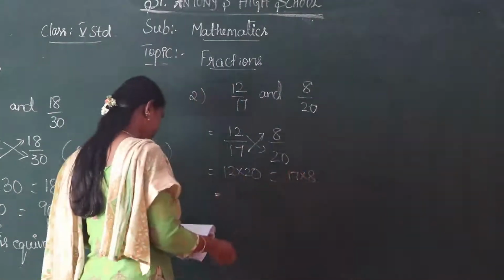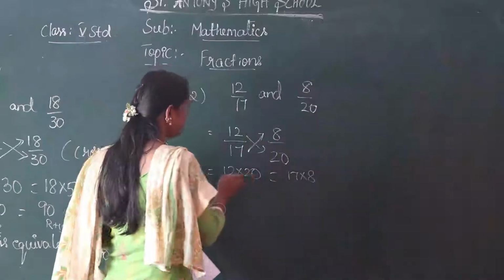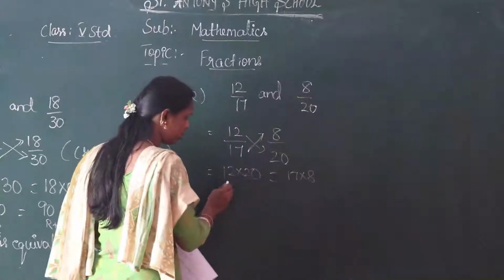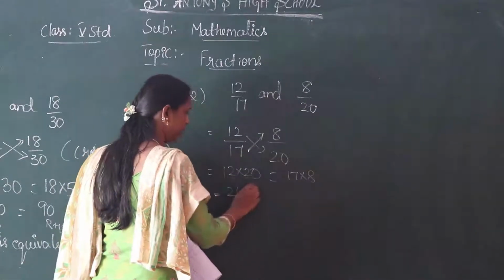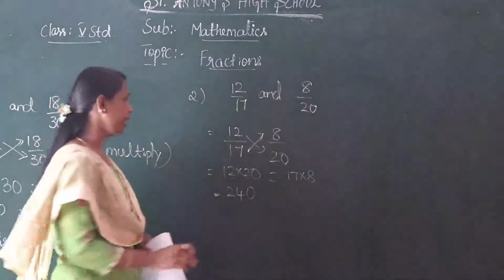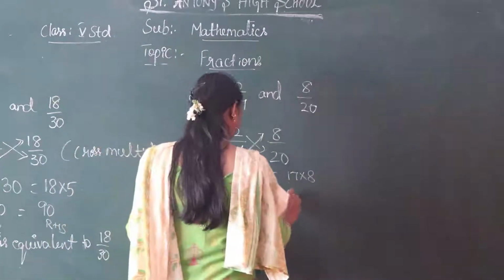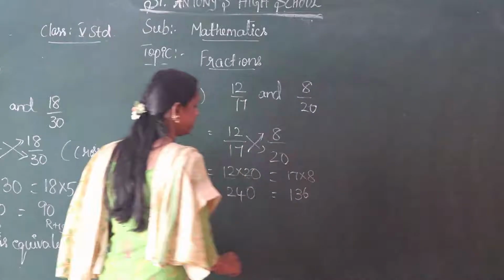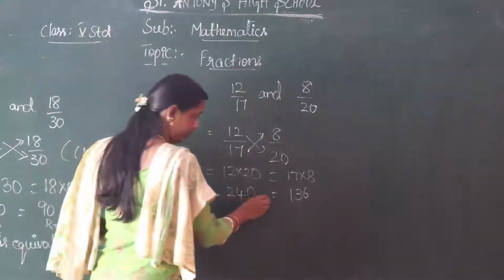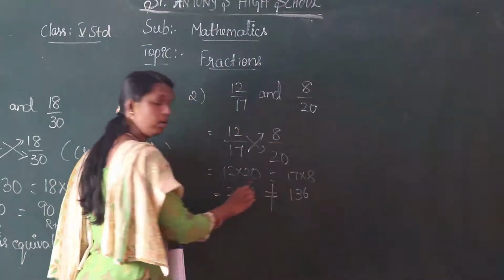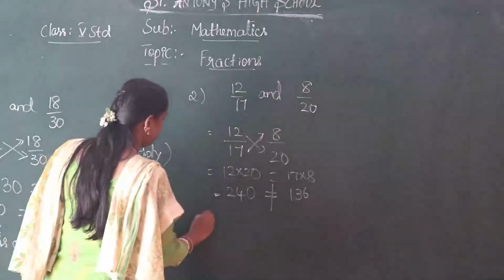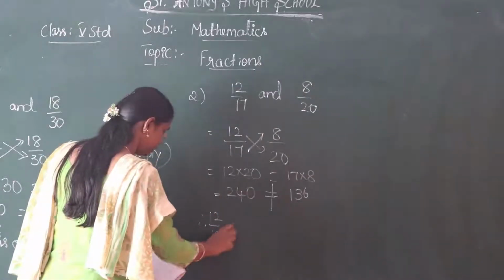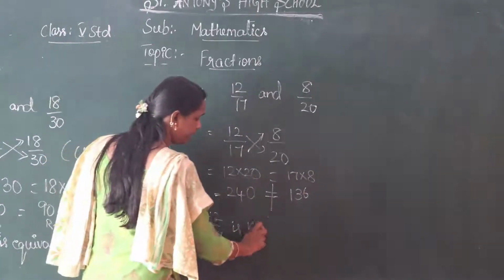So the answer is 240 for this one. 12 2's are 24, remaining 1 zero, 240. And then 17 8's are 136. So it is not equal. This is the symbol for not equal.